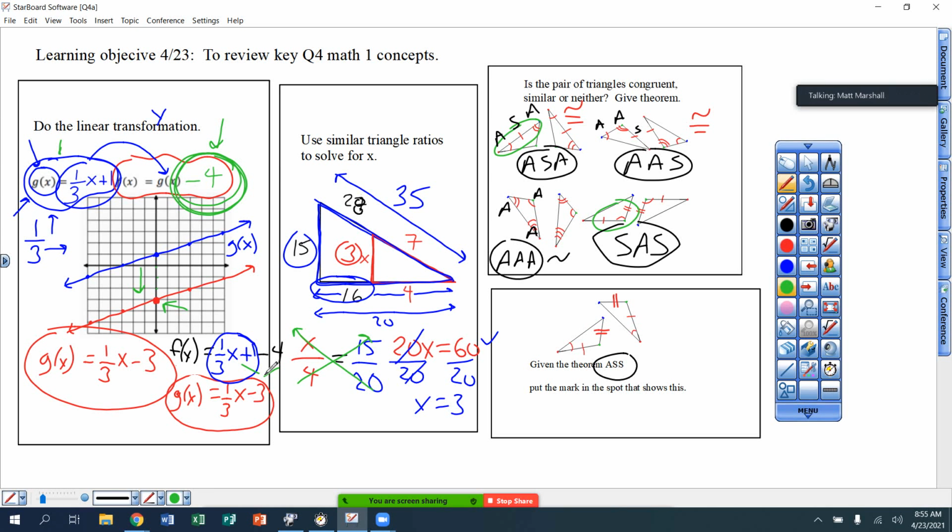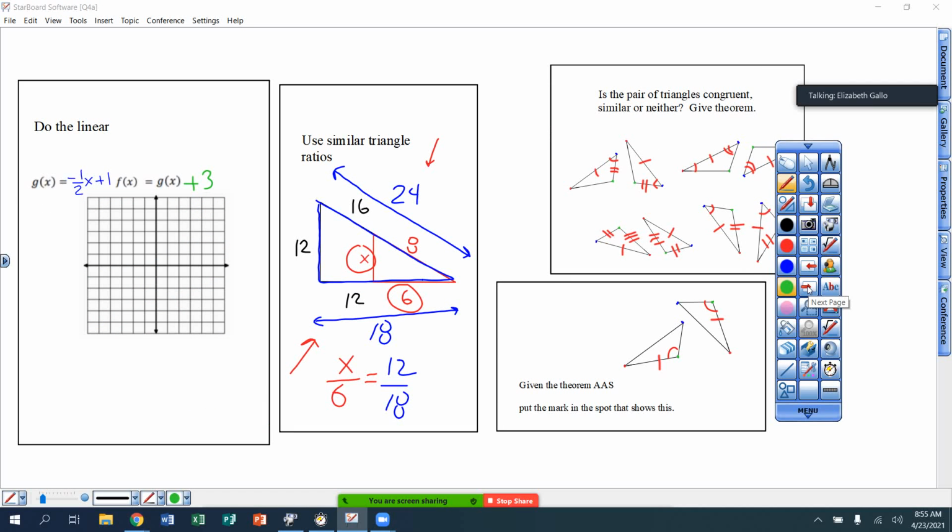Sure. All right, you want to earn some extra credit, Elizabeth? Yeah. All right. For this one right here, the one I'm having my classmates do, how about right off the bat, do you know what the new y-intercept for the f line would be just by looking at this? Yep, it's going to be 4.